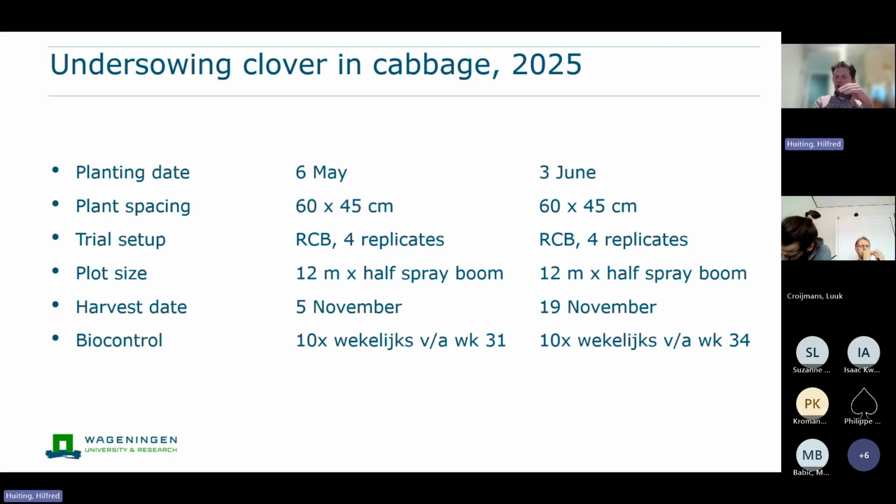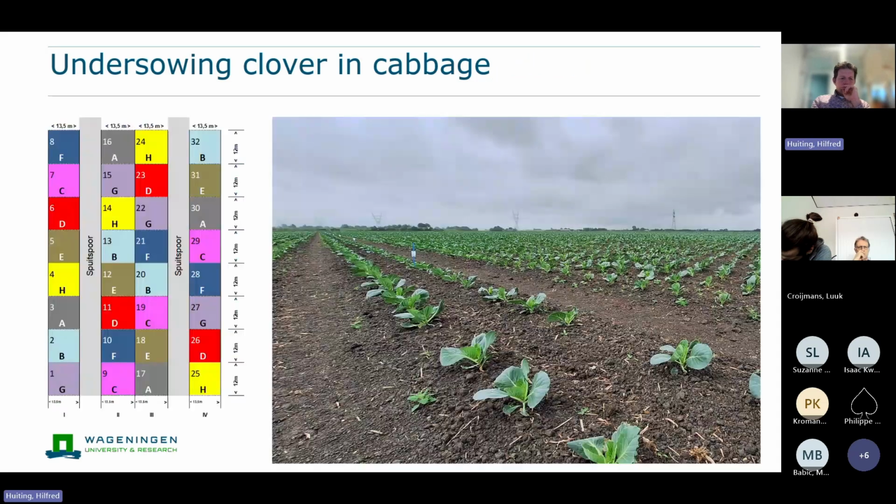So he deliberately chooses to plant late, extra late. Trial setup for the rest is more or less the same. We did again a biocontrol strategy starting more or less when the cabbage heading started. Just a picture, nothing to tell here, I guess.